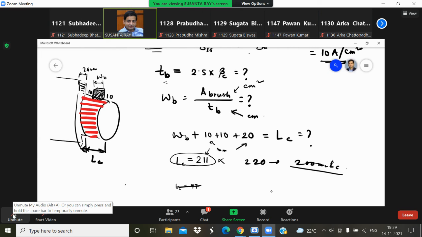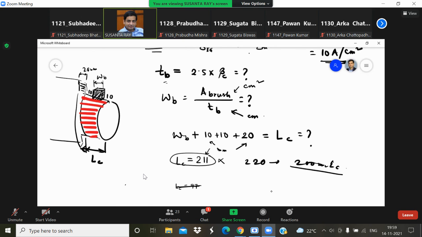Did you understand? We have already worked out the dimensions of each element, each iron part. Each iron part has its own dimension. By using the dimension, we have to calculate the volume of that particular part. Once you have the volume of that part, then you have to multiply with the density of that particular material. Let us take silicon steel.